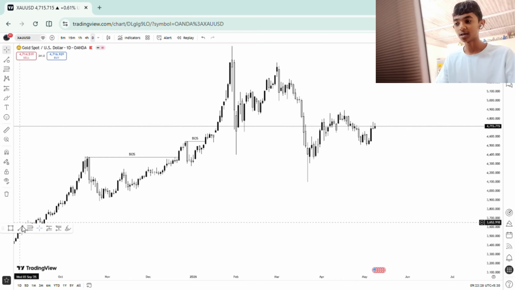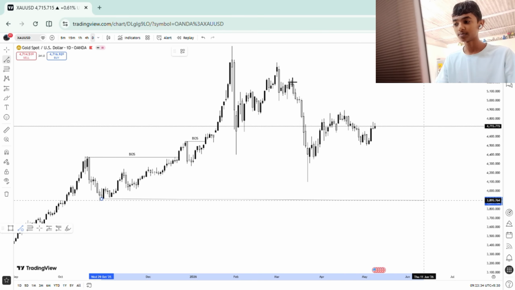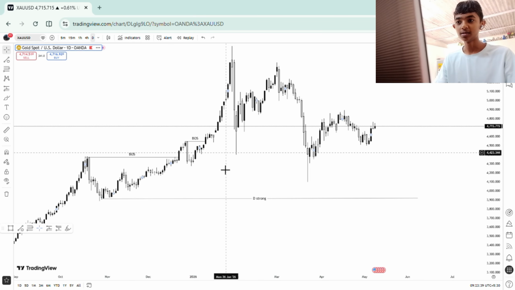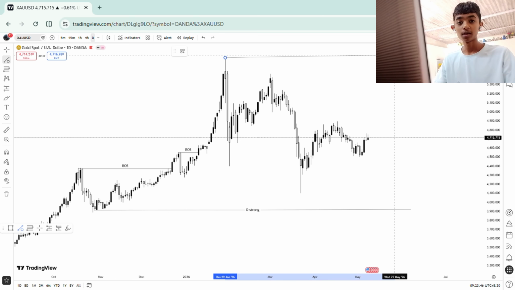So we marked our daily strong, this is a daily strong, and then this is our daily weak. And now our daily range has been marked.